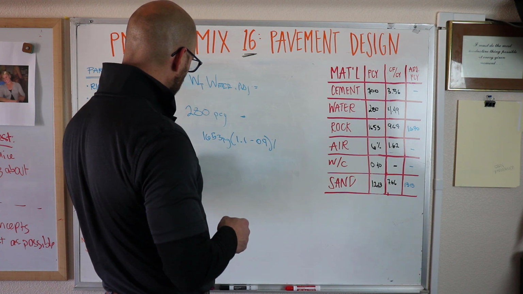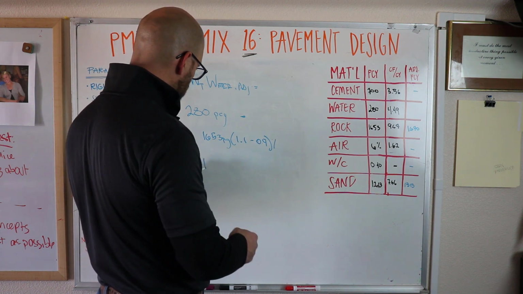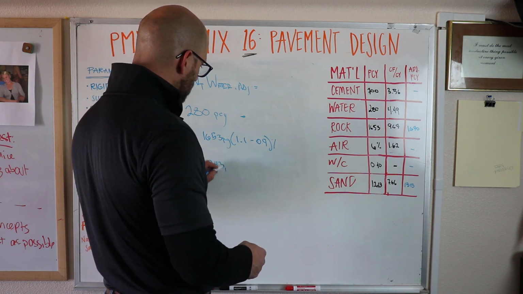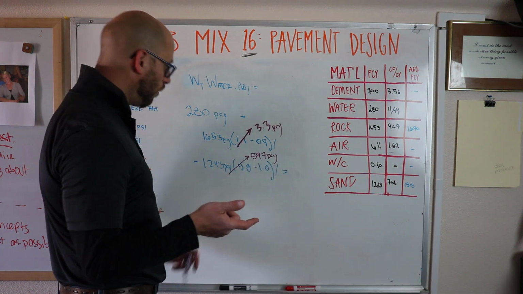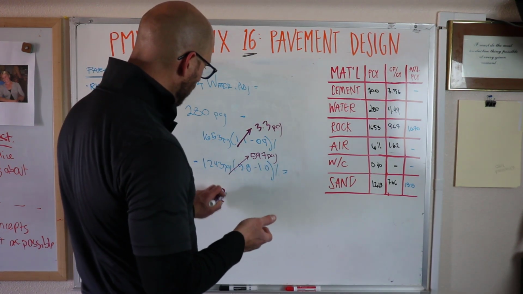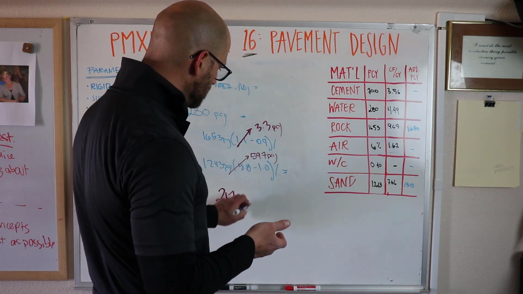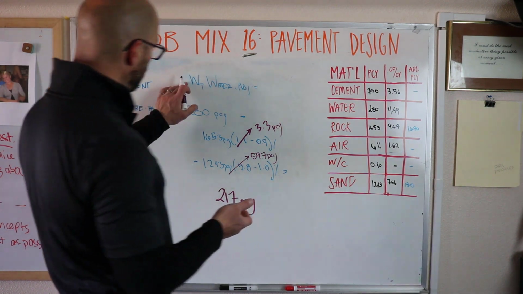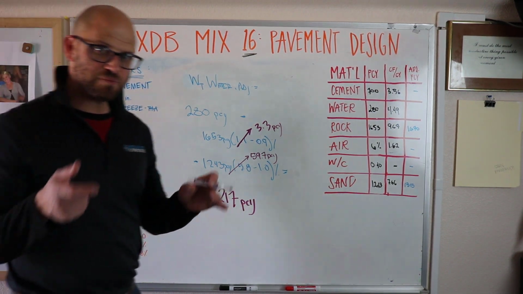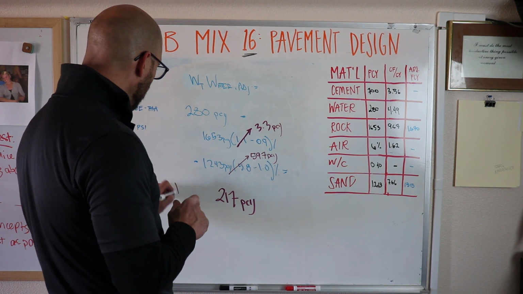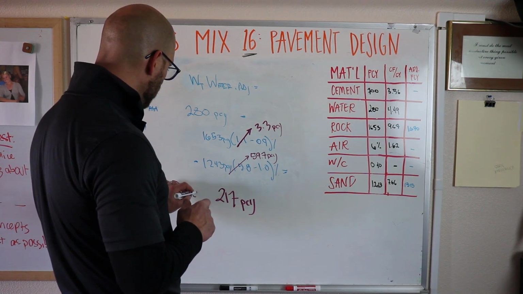Then we're also going to subtract our sand, 1,243 pounds per cubic yard. So our new water is 217 pounds per cubic yard. I originally called it my weight of water adjusted. You can call it your batch water.